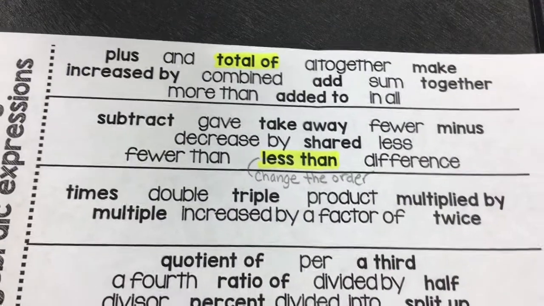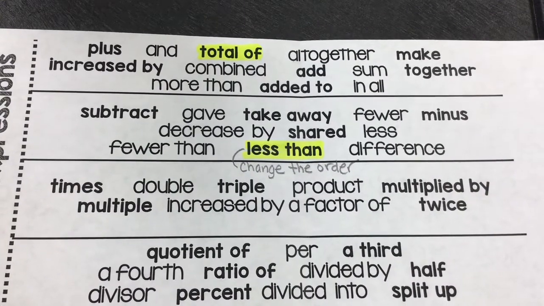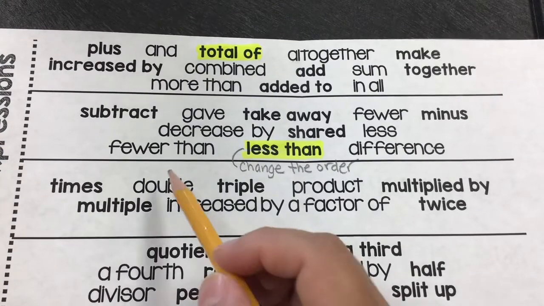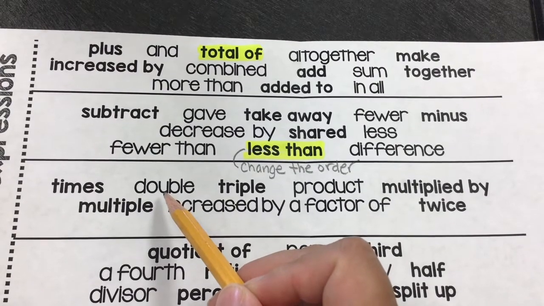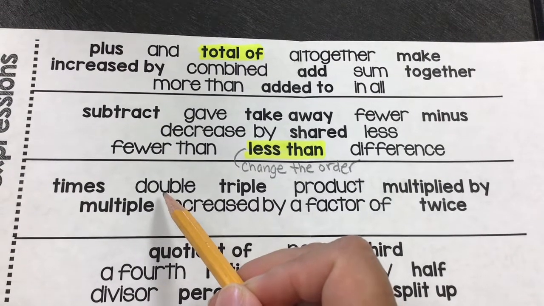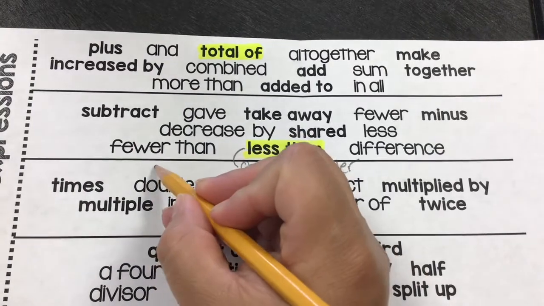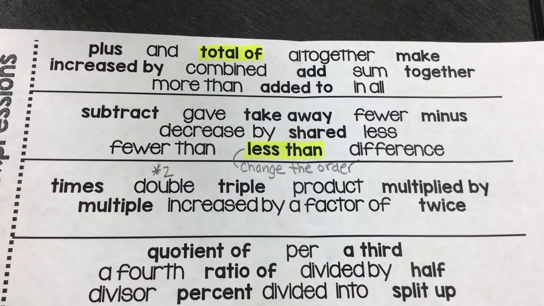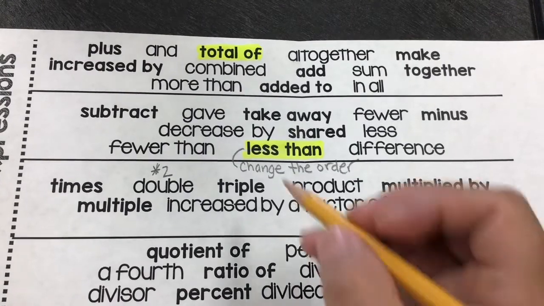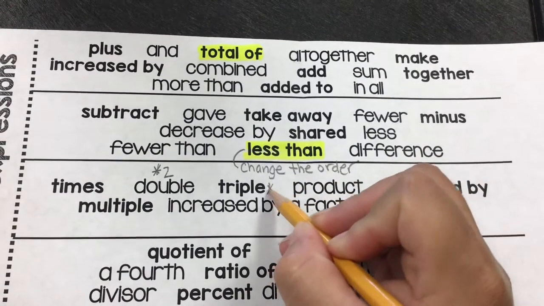All right, the next one means multiplication. We should know all of these words, but we're going to make a little bit of notes on the double. What does it mean to be double? 2. Very good, times 2. What does it mean triple? Times 3.